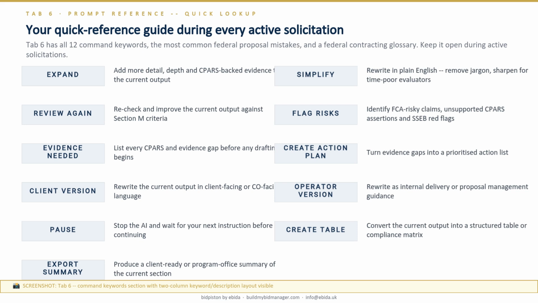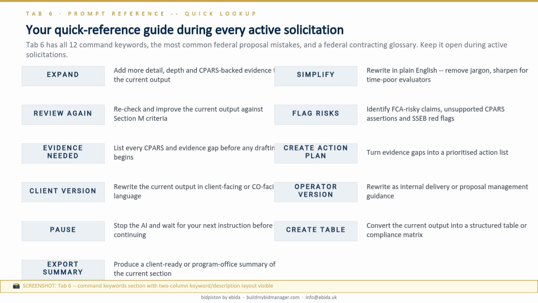Tab 6 also has the most common federal proposal mistakes: submitting generic technical approach language, using unverified CPARS ratings, skipping Section M analysis before drafting, and confusing LPTA and best value requirements.